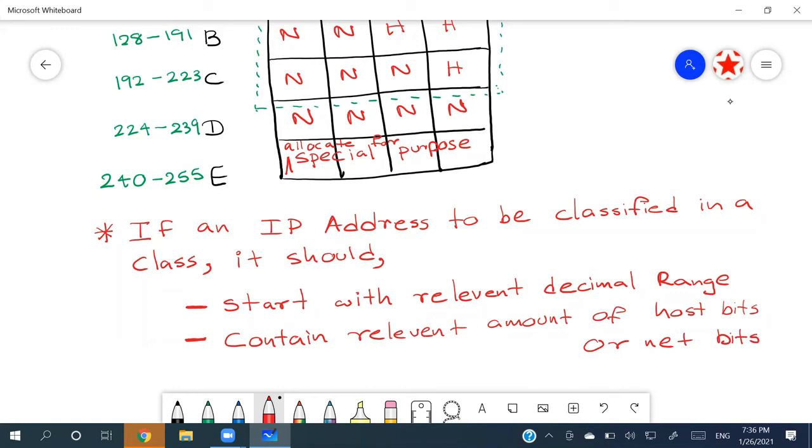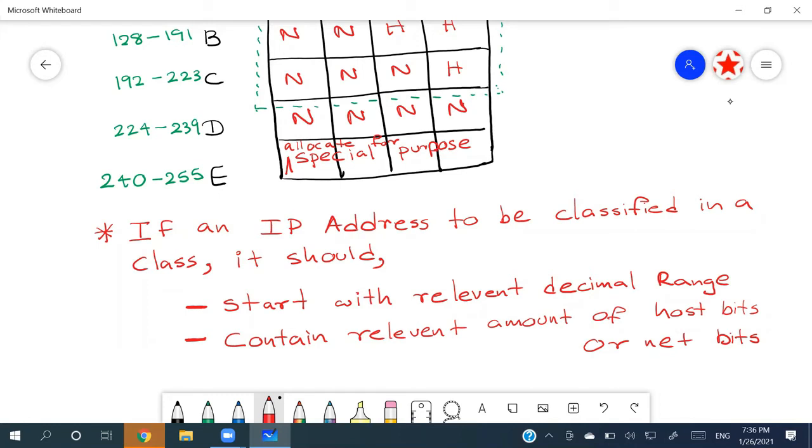Right, those two factors should be there. If an IP address is to be classified in a class, it should start with the relevant decimal range. It should contain the relevant amount of host bits or net bits.